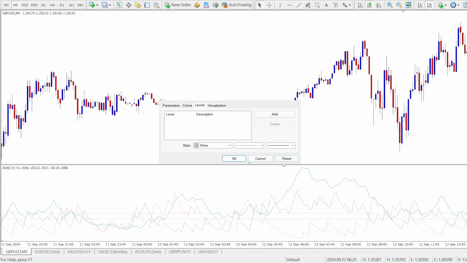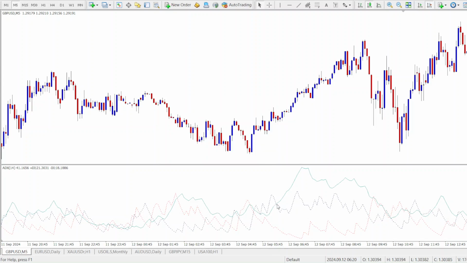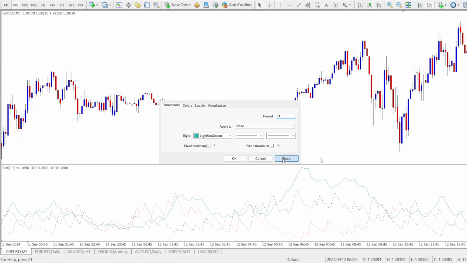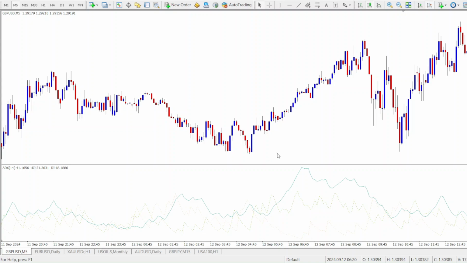I'm just going to reset this. Reset the parameters, reset the colors. Now, the ADX line itself typically shows you the trend strength.